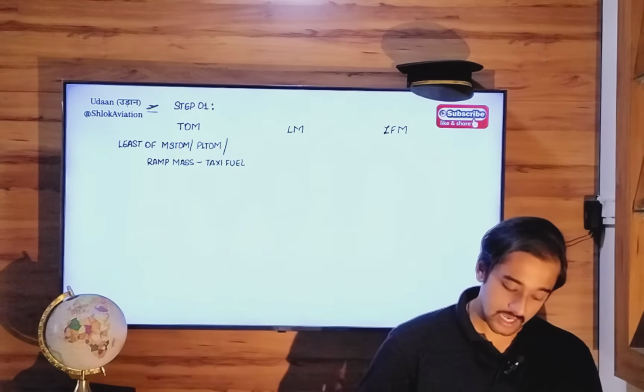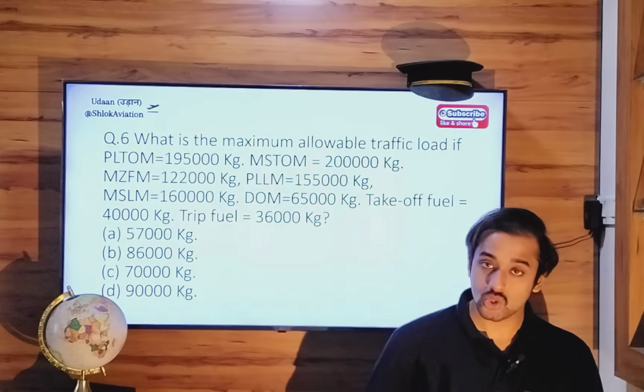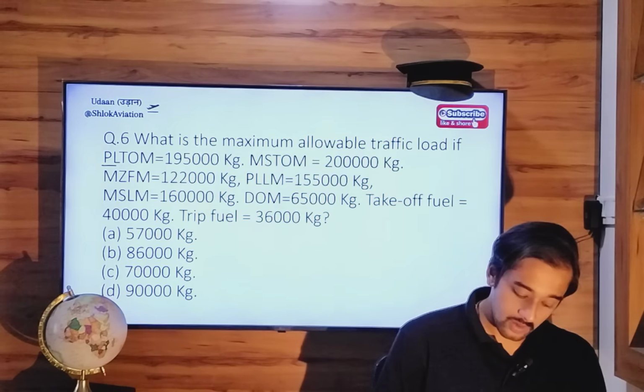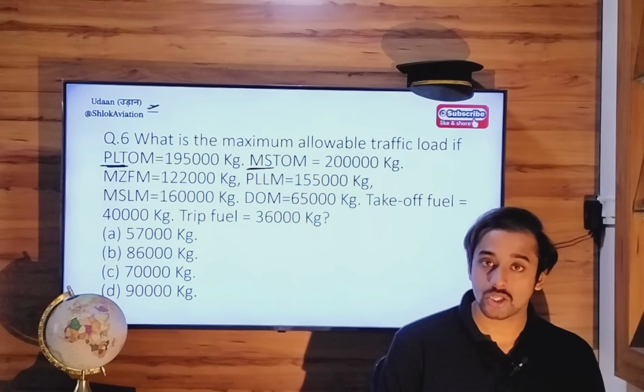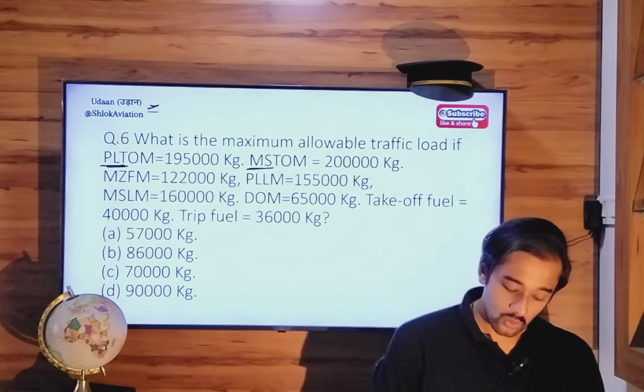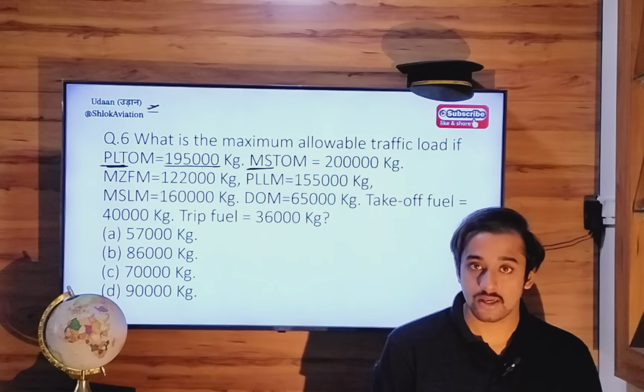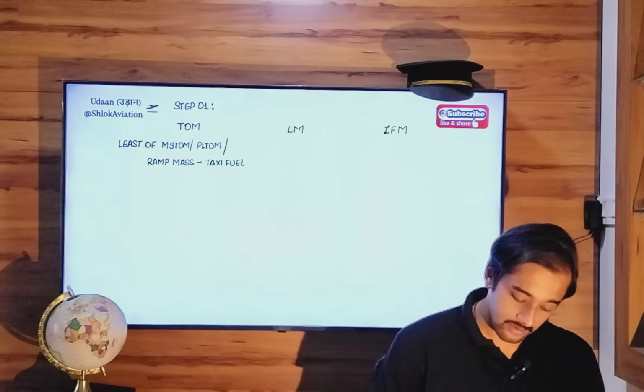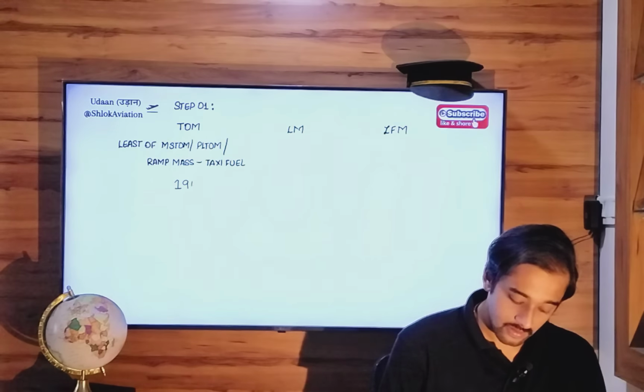Ramp mass minus taxi fuel. Now here they have given us two values for takeoff. Performance limited and structural limited. So out of these two values, the lesser one is 1,95,000 kg. So write 195 here.